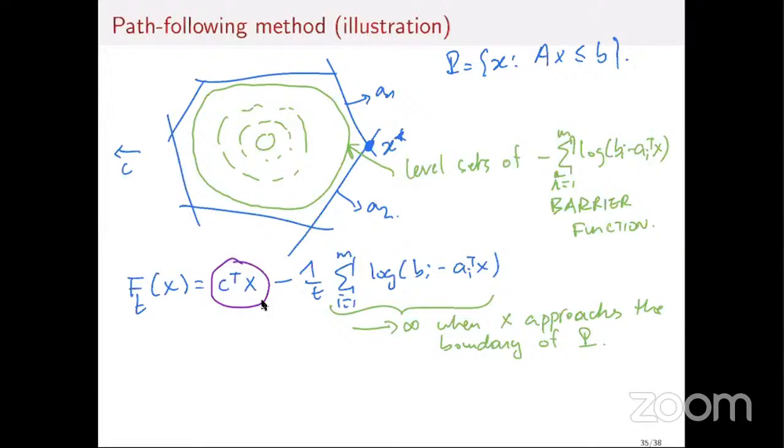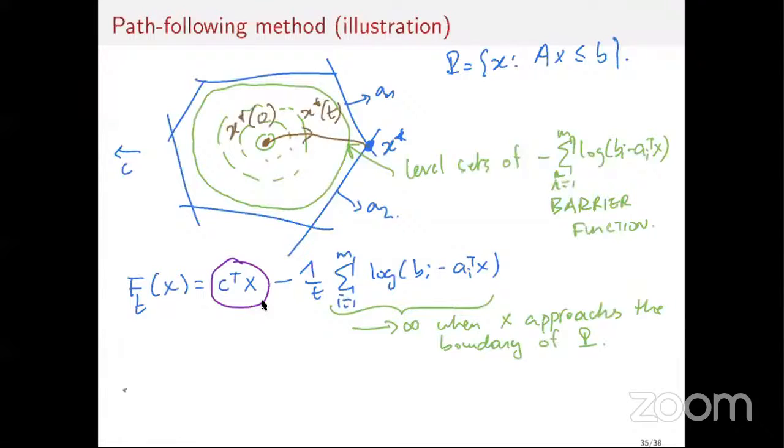So the consequence of this is that if I draw the curve x star of t, this may be x star of 0, and then there is a certain curve that's x star at t.